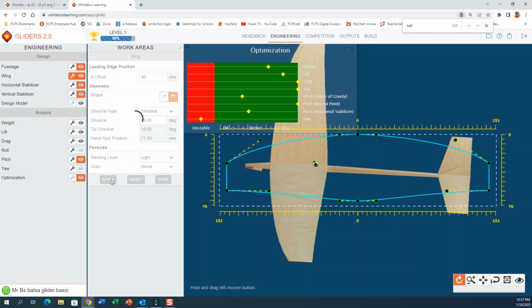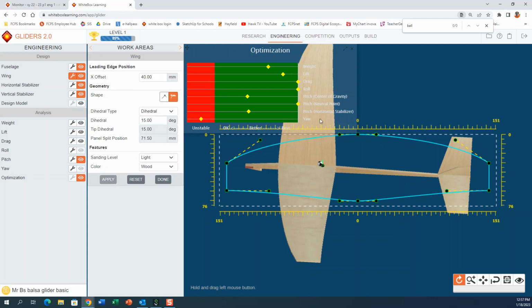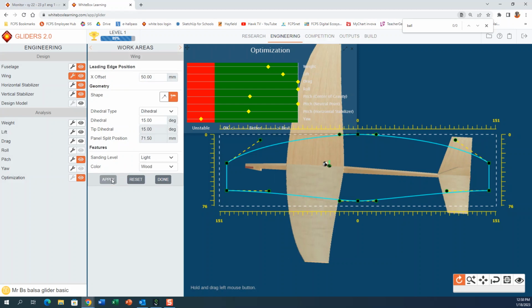So I changed it to 40. Wing moves back. If you notice, center of gravity improved a little bit, but we could probably do better. I'm going to go to 50 millimeters or 5 centimeters. Improved a little bit more.